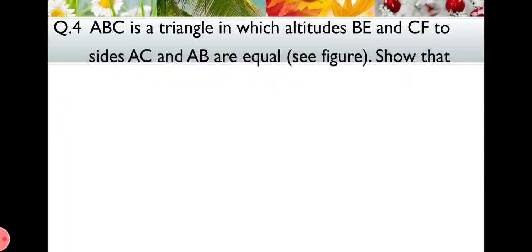Question number 4, which is the converse of this same question, that is question number 3. So let's solve first question number 4. ABC is a triangle in which altitudes BE and CF to sides AC and AB are equal.